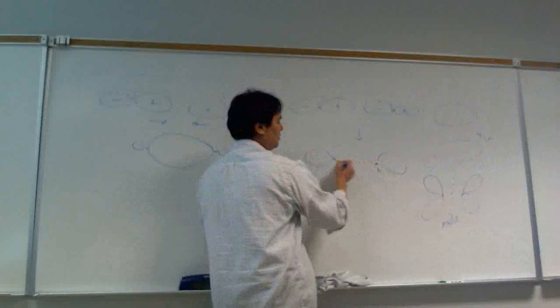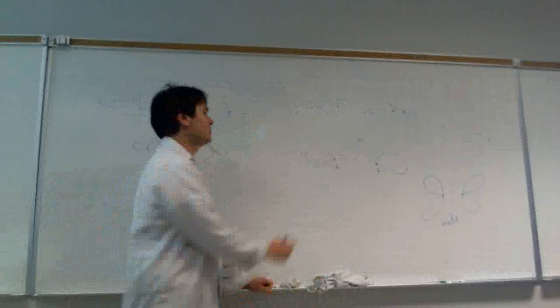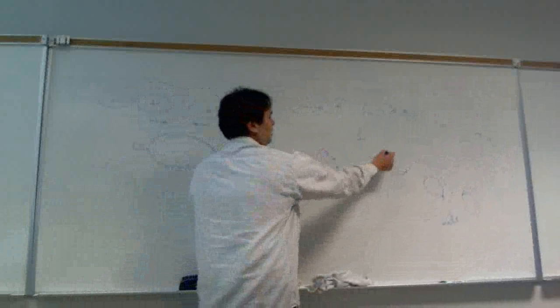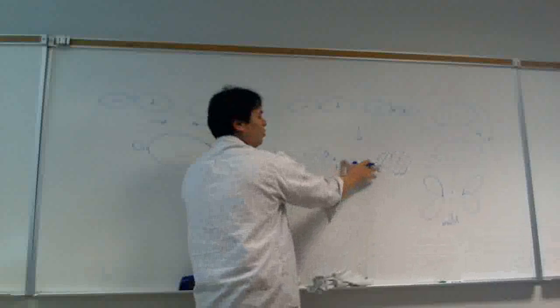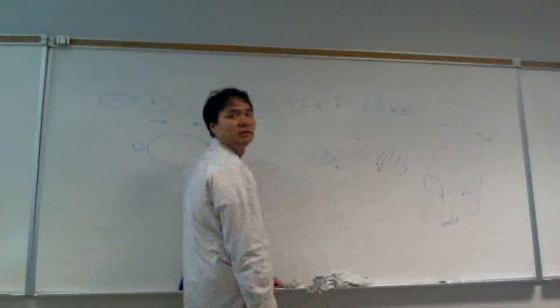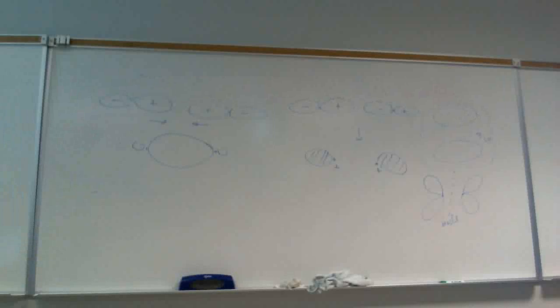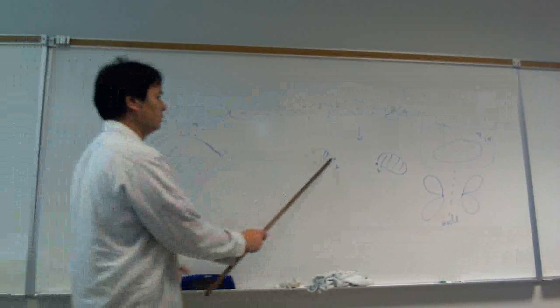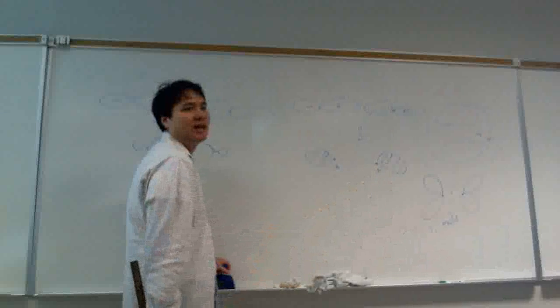This is positive, this is positive. How is this electron density, if there's electron density here, going to hold the two nuclei together? That's why that's called anti-bonding, because rather than pulling them together, there's repulsions pushing them apart, which is anti-bonding.